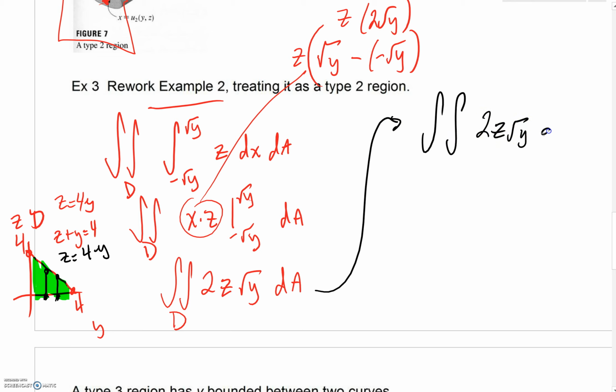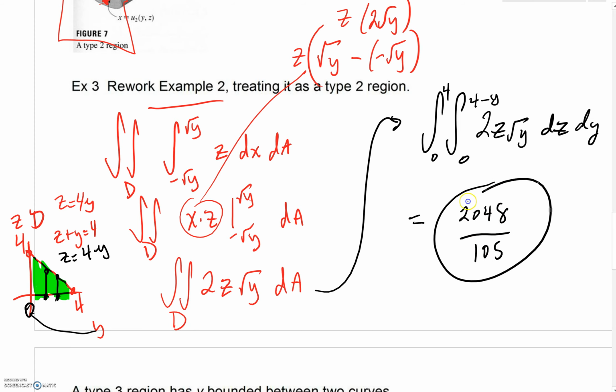We could say that our z would be going from 0, that came from the z equals 0 component, all the way up here we'd have 4 minus y, and we'd want all such vertical bars from y equals 0 to y equals 4. And once you have that worked out, honestly, you could just get help from your TI-89 right here. Of course, you could work it out by hand just as well.